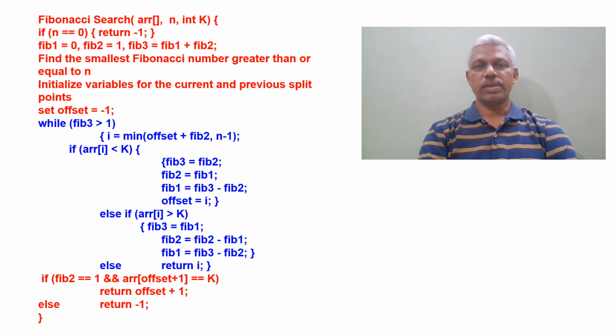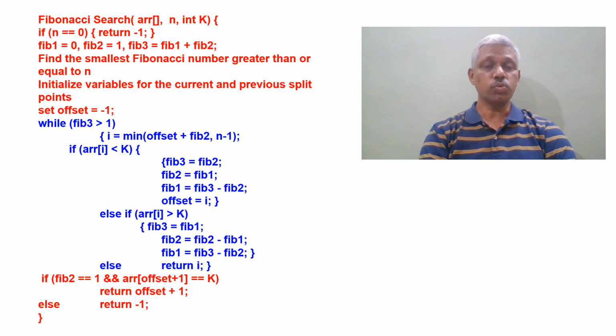As the subarray gradually decreases, two cases may arise. Either fib2 is equal to 1 and array of offset plus 1 may be equal to k. If these two occur, then the value at offset plus 1 will be the key, because we are gradually narrowing down and will reduce this to either one value or at most two values.